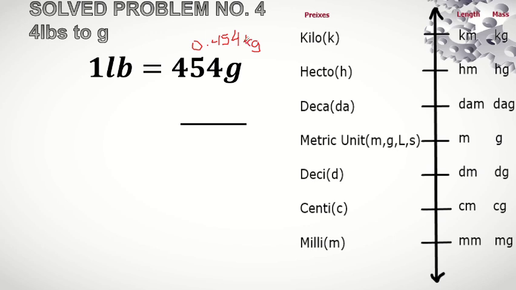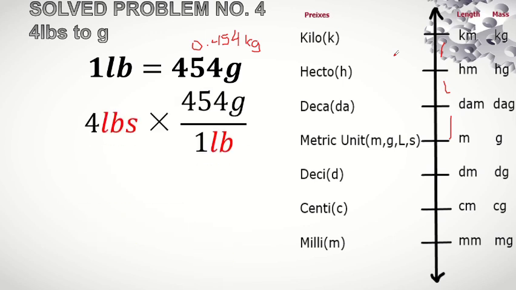Di siya mukhang kilogram. Ngayon, nagsimula muna tayo sa kilo. Pababa sa grams. 1, 2, 3. Sorry. From grams to kilogram. 1, 2, 3. Since pataas, 1, 2, 3. Alright? Yun lang. Share ko lang.